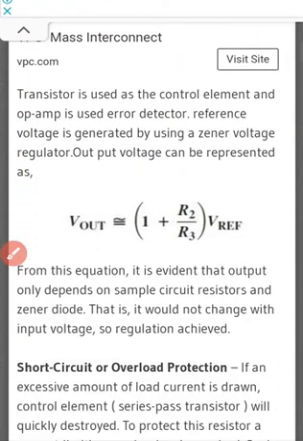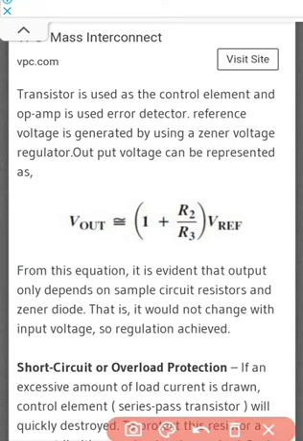The same thing we can take in the case of a transistor also, because the transistor is helpful in carrying away the error. So here the transistor is used as the control element and the operational amplifier is used as the error detector.